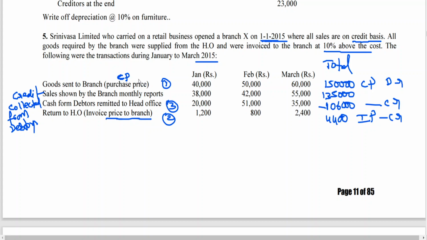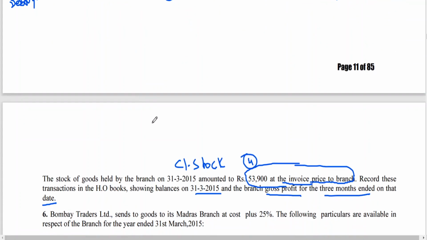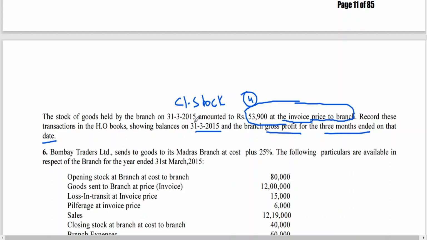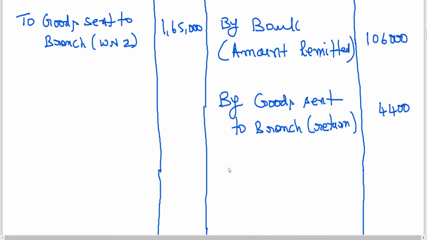Then we also got the information of closing stock and closing debtors, and these values have been given at invoice price, no? This also has been given at invoice price. We have already worked out.